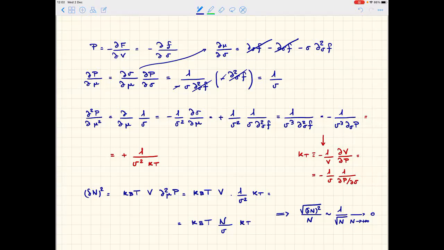Now for a couple of lectures, life is going to be tough, okay? Because what I would like to do is to do with you a calculation using a grand canonical ensemble and a canonical one, showing you how to use statistical mechanics to obtain the equation of state for a non-ideal gas.